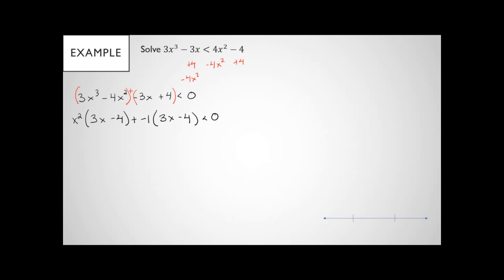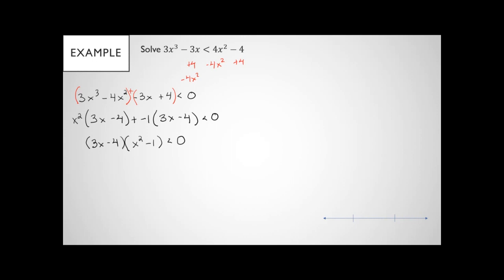So now I have the same thing in parentheses, so that's my first pairing, 3x minus 4. And then what's in front is my second pairing, x squared minus 1. So I have 3x minus 4 times x squared minus 1 is less than 0.